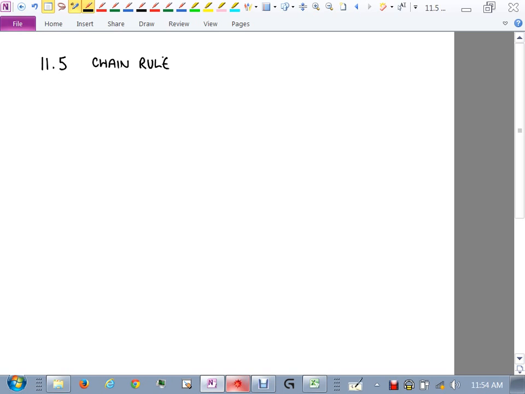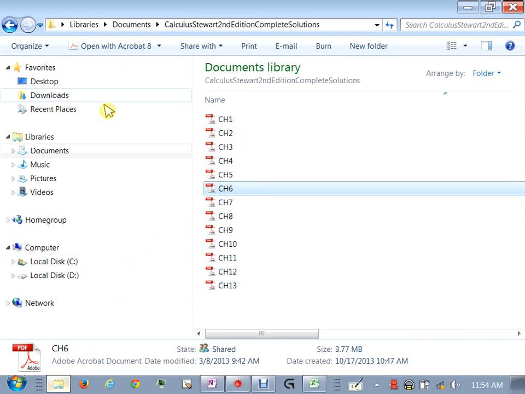Did anyone print out Chapter 11 notes? There's an 11.5, right? There is. But why wouldn't it come up there? Oh, because it's a PowerPoint. That's why it didn't come up. Let me see if I can find it real quick. I forgot that I did put that PowerPoint out there for y'all.